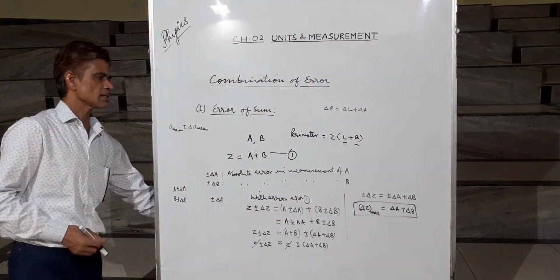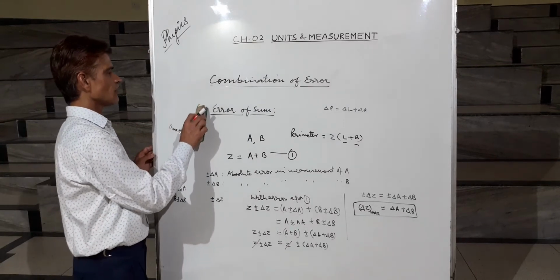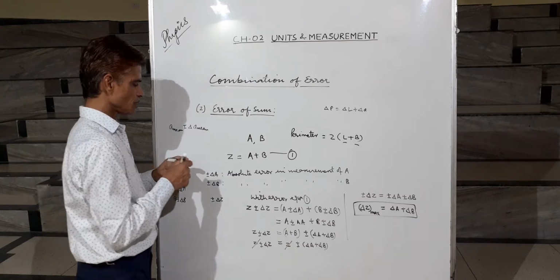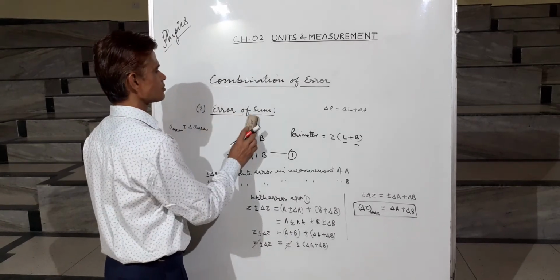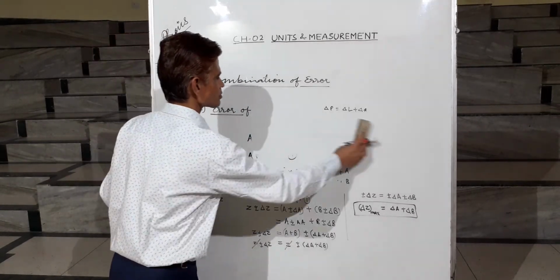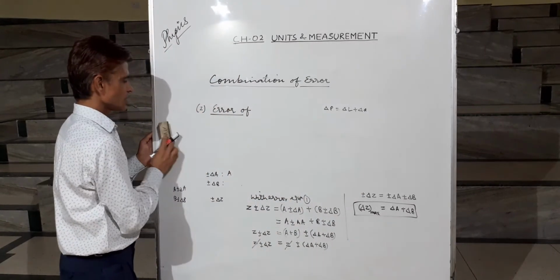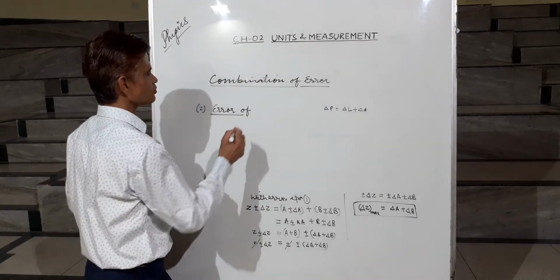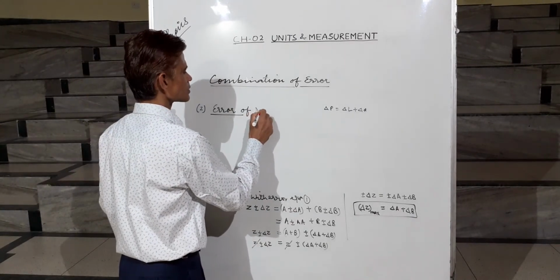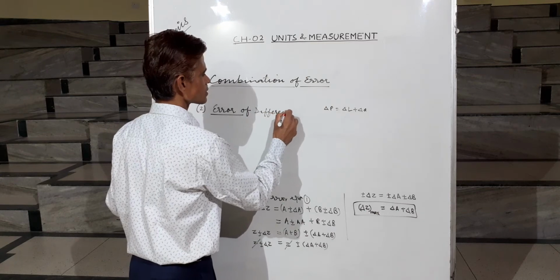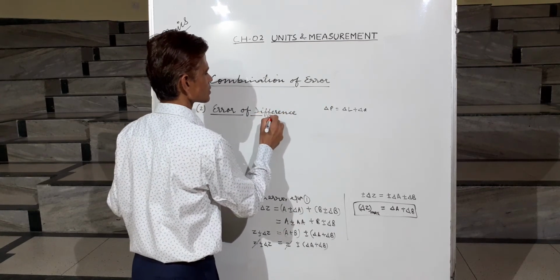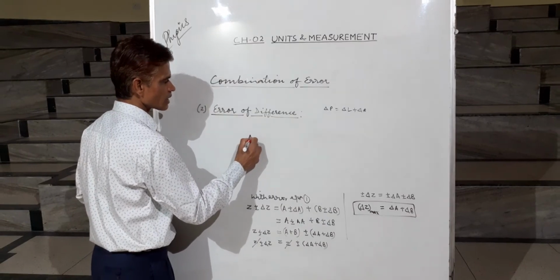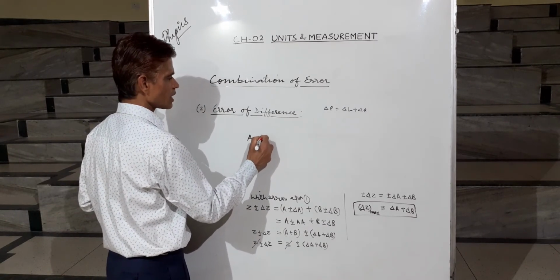Now next let us find the error of difference. In the same way, let us suppose that there is a physical quantity A and there is a physical quantity B again.